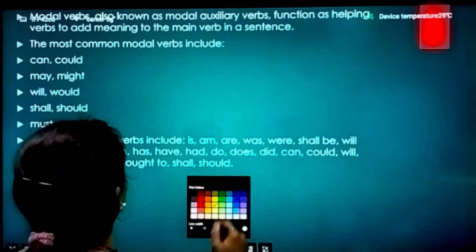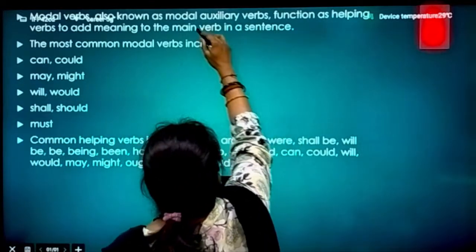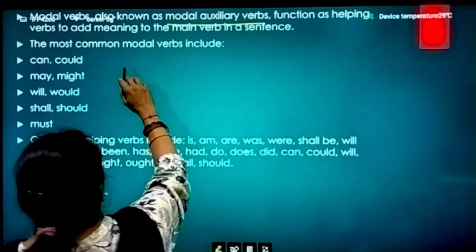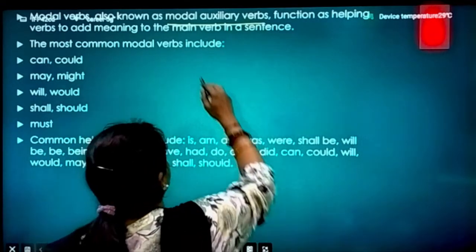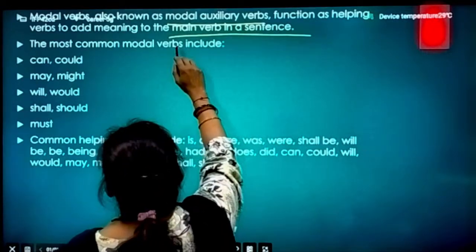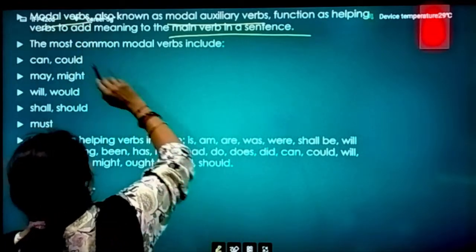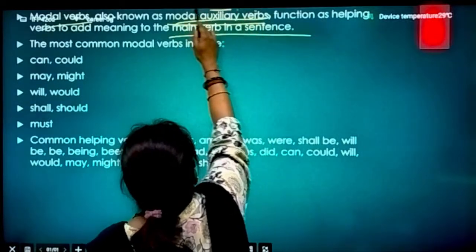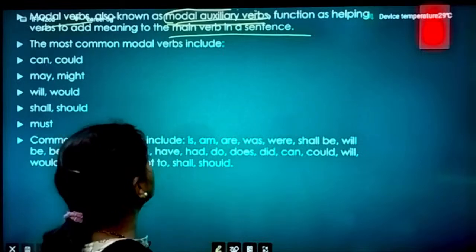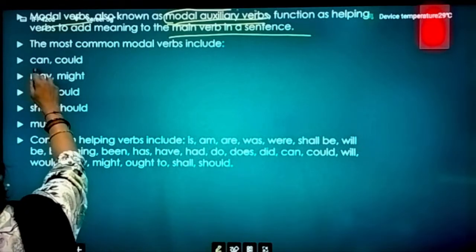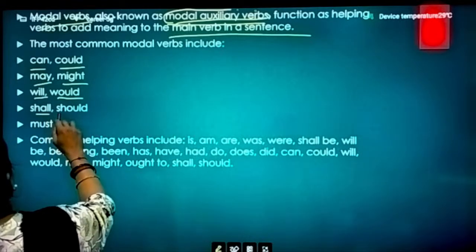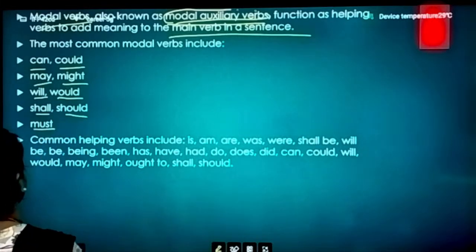Modal verbs, also known as modal auxiliary verbs, function as helping verbs to add meaning to the main verbs in a sentence. They're adding meaning to a sentence. That is called the modal verb, also called the modal auxiliary verb. The most common modal verbs include can, could, may, might, will, would, shall, should, must.